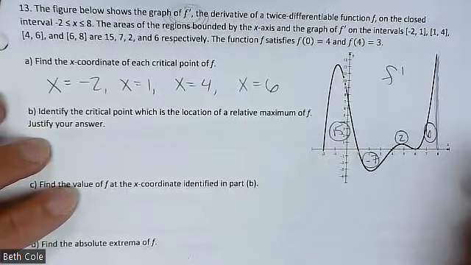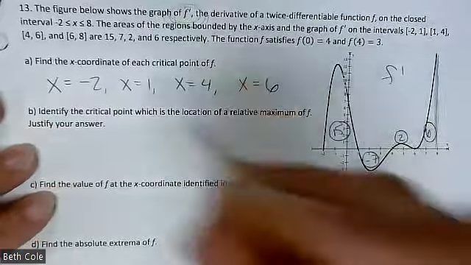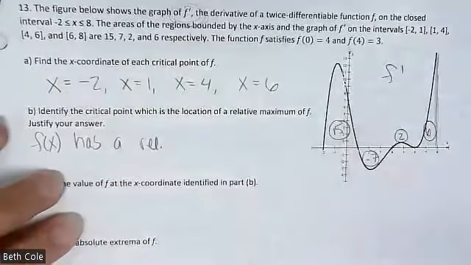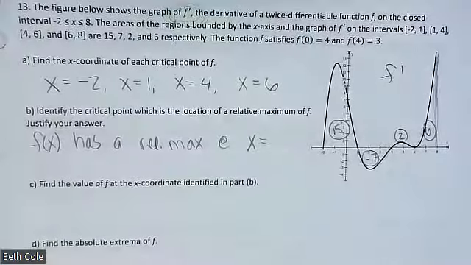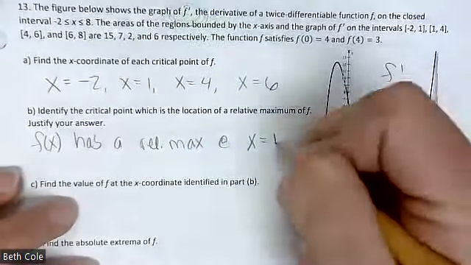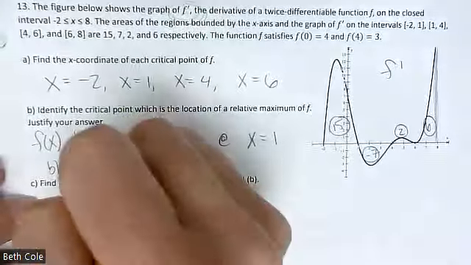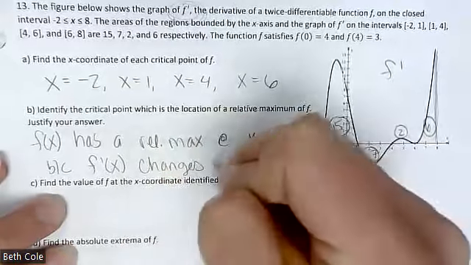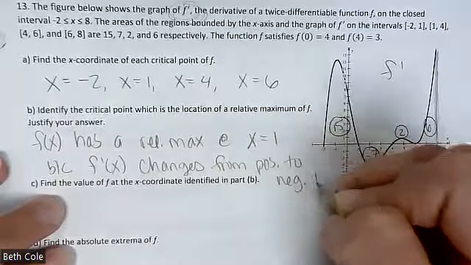Identify the critical point that is the location of a relative maximum. Now this one does say justify. So you want to start your sentence, f of x is or f of x has. So good, f of x has a relative maximum at x equals 1, because f prime changes, or switches, from positive to negative there.